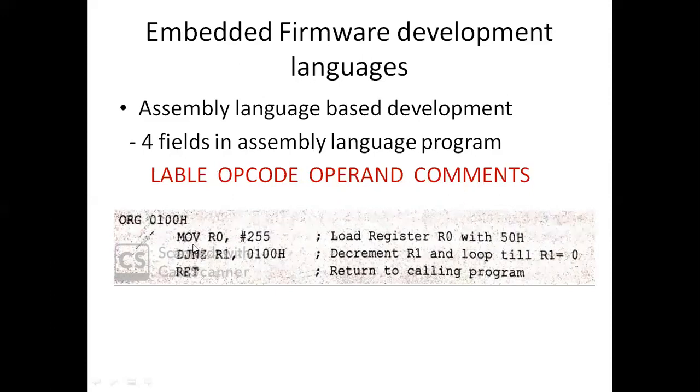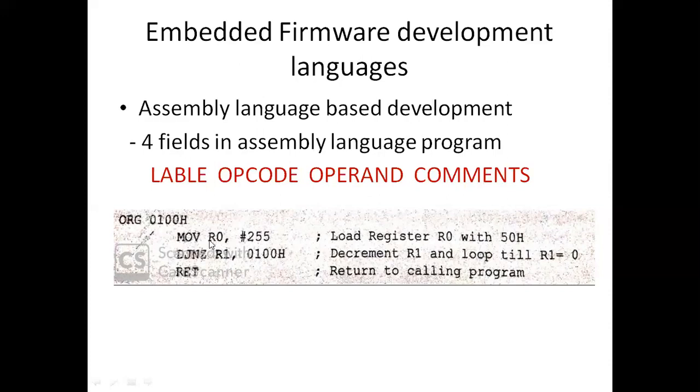As an example, look at this slide: MOV R0, #255. We are not making use of any label part. MOV is the mnemonic for move, which acts as the opcode. Then what is the operand?